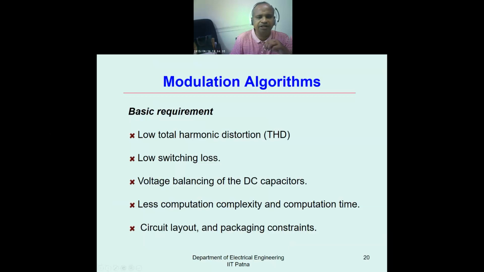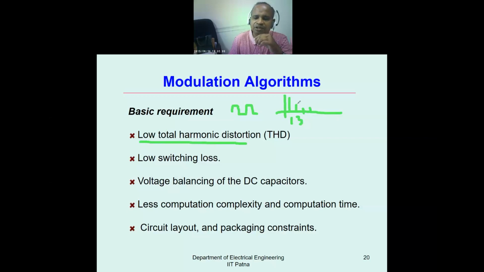What must be the requirement for the modulation? Modulation needs low total harmonic distortion. For example, take a square wave. If you plot it, you have the fundamental, then the third harmonic, fifth harmonic, and seventh harmonic.